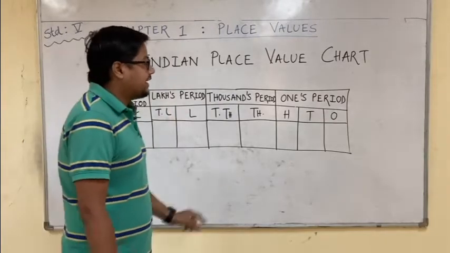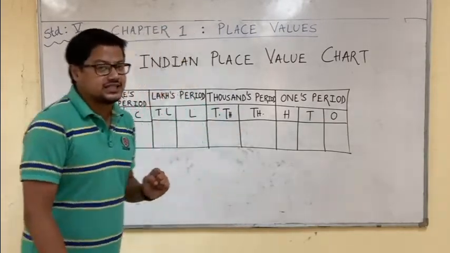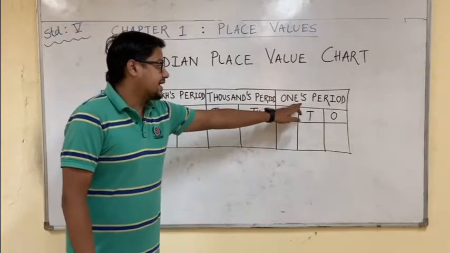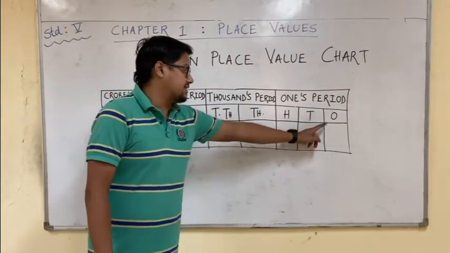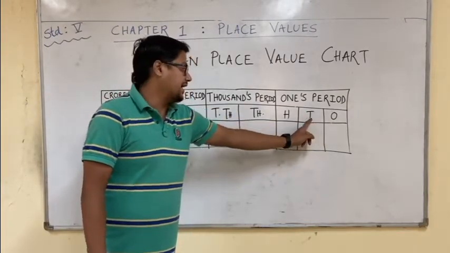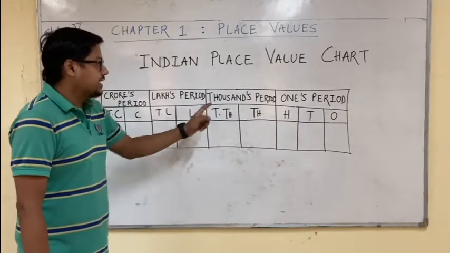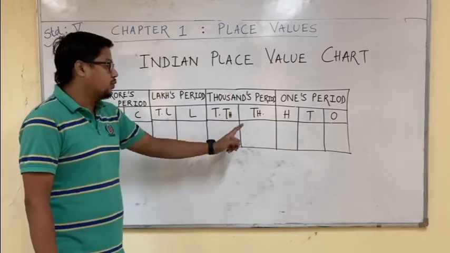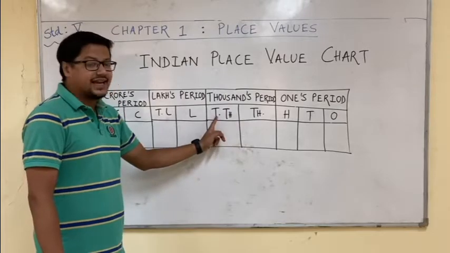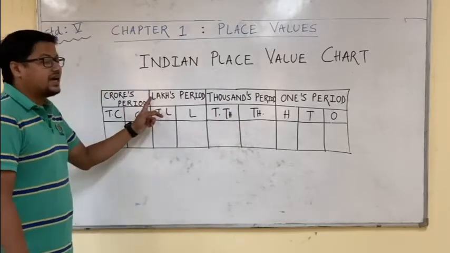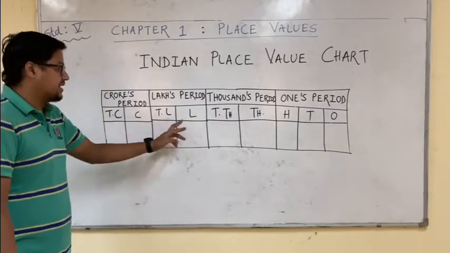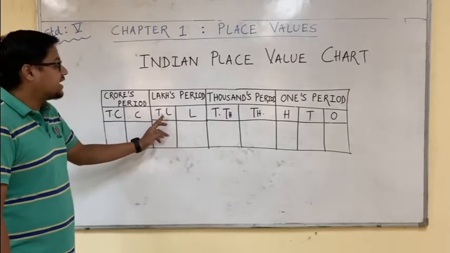Okay. Now inside each period there are certain places. Inside ones period we have 3 places: ones, tens, hundreds. Inside thousands period we have 2 places: thousands, 10,000s. Inside lakhs period we have 2 places: lakhs, 10 lakhs.